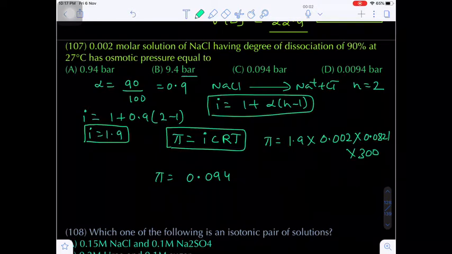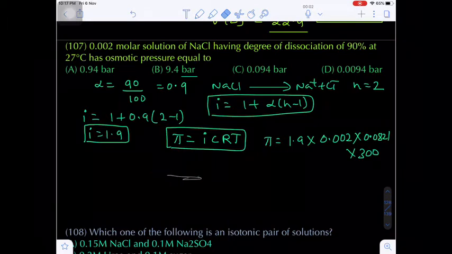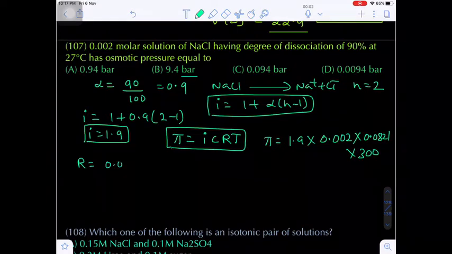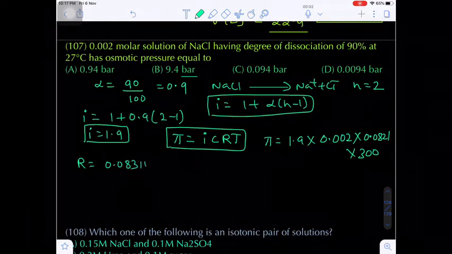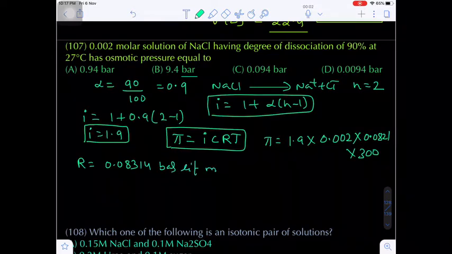Here the options are given in bar, so we have to consider the gas constant value as 0.08314 bar liter per mole per Kelvin.